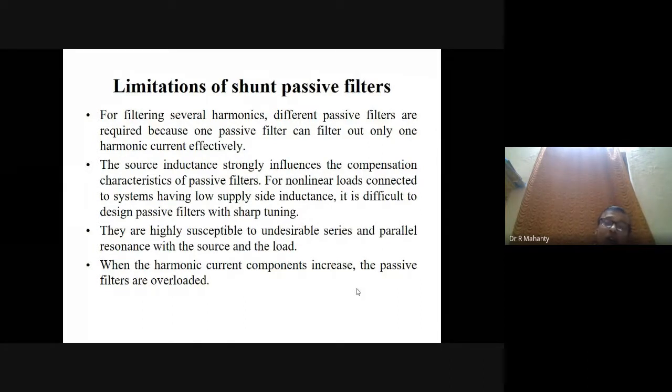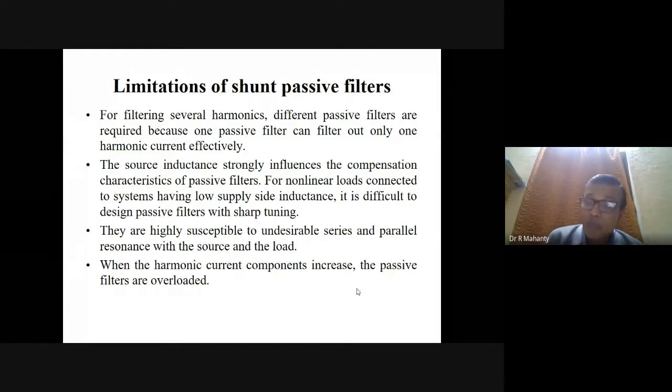And when the harmonic component currents increase, the passive filters are overloaded. How are they overloaded? If the amount of nonlinearity in the system goes on increasing, the third harmonic and fifth harmonic will also increase, and you will have to design your filters accordingly. Otherwise, the filters will be overloaded. So these are the major limitations of shunt passive filters.